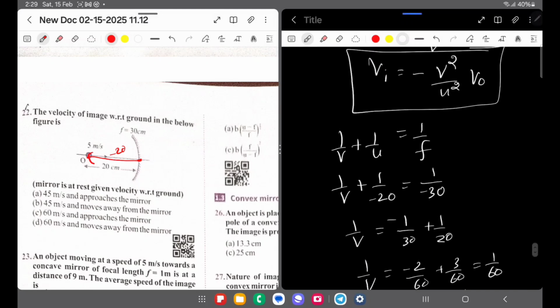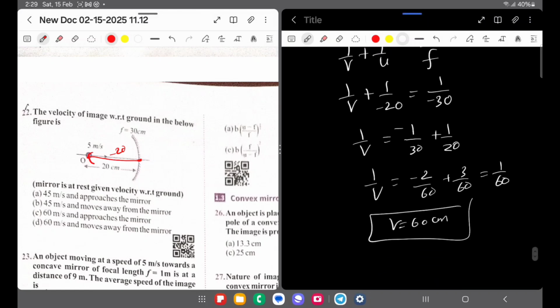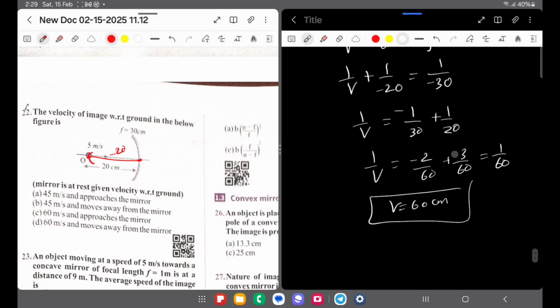Once I have v, I can substitute it over there.